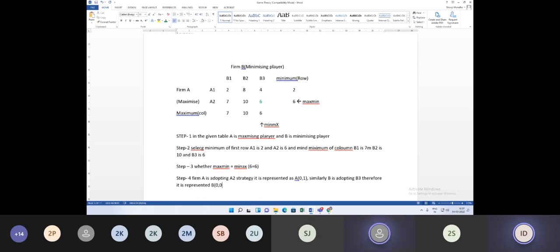Why 2 times 0? Because how many strategies are there? 3 strategies, and out of these 3 strategies, only one strategy is finalized. Therefore the strategies which are not selected should be 0. Then 1.